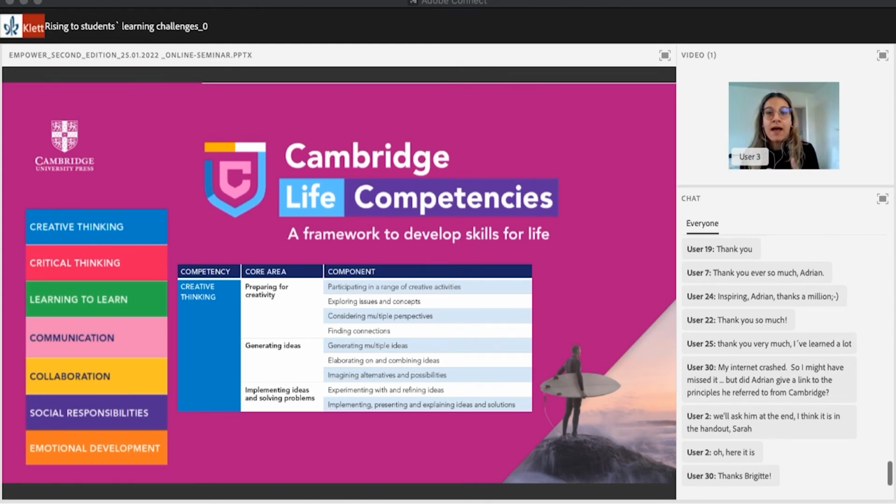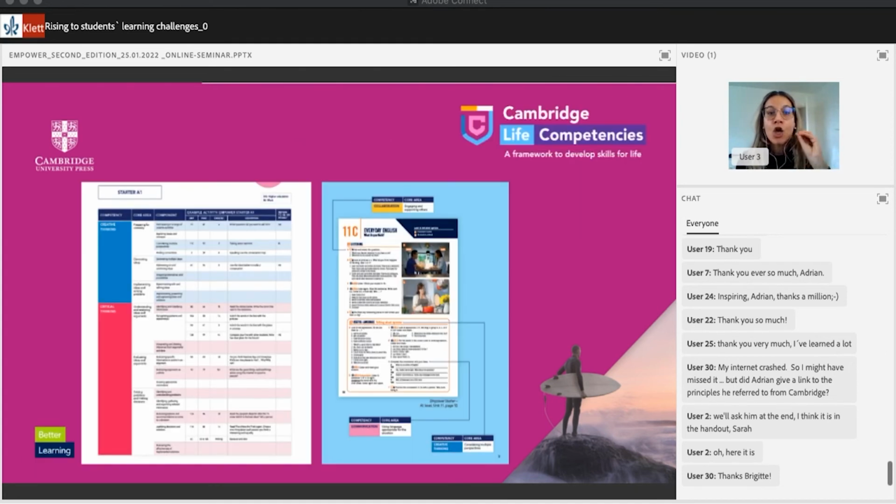It's important to develop these, and there are different ways that these can be developed throughout one's life, from when they are children to when they are adults. But of course, the type of components that create that life skill differ depending on the age. So for each competency, as we said, we have a core area and component, and we have created a brochure that shows in which activities of Empower students can work on those components.